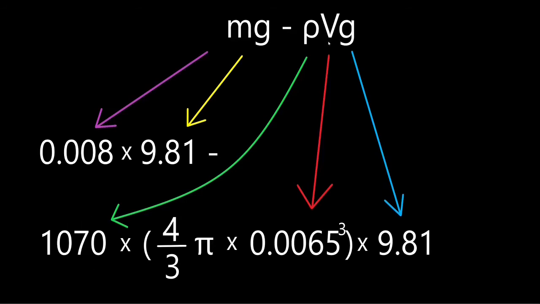And to calculate the volume, we will have to use the radius of 0.0065 meters, which is 6.5 millimeters, to the power of 3, times pi times 4/3, and this term in the brackets, between the parentheses, is the volume. All these factors multiplied with each other are the buoyancy force, and this is the weight. And the buoyancy force will be subtracted from the weight.